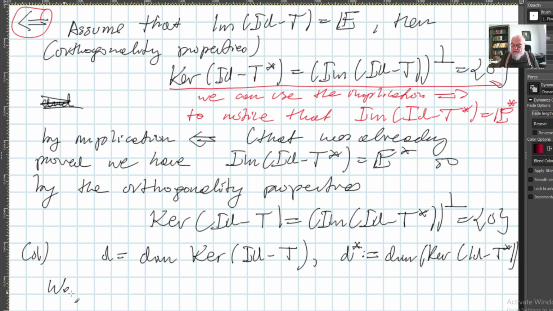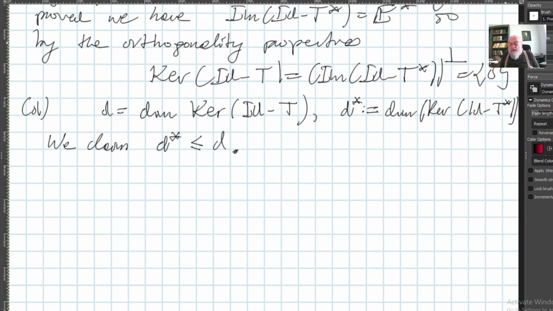We claim that D star is smaller or equal than D. Actually, we only need to show that these two numbers are equal, because that's exactly our claim. So we will show one inequality, and then the second inequality, which will prove that these two numbers are equal.